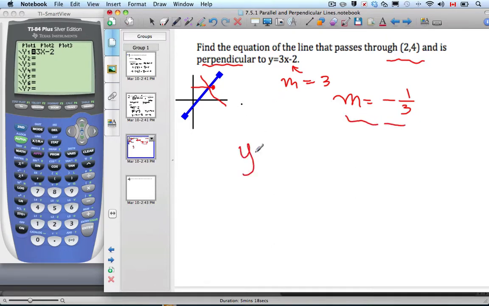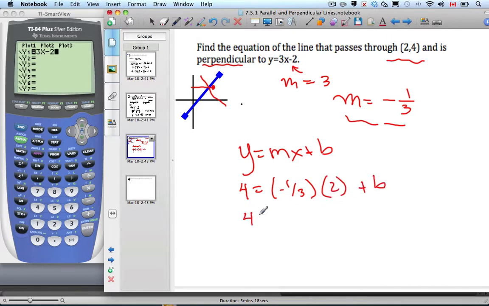We can go y = mx + b. Put in this equation: 4 = -1/3 times x, which is 2, plus b. So now we have 4 = -2/3 + b.